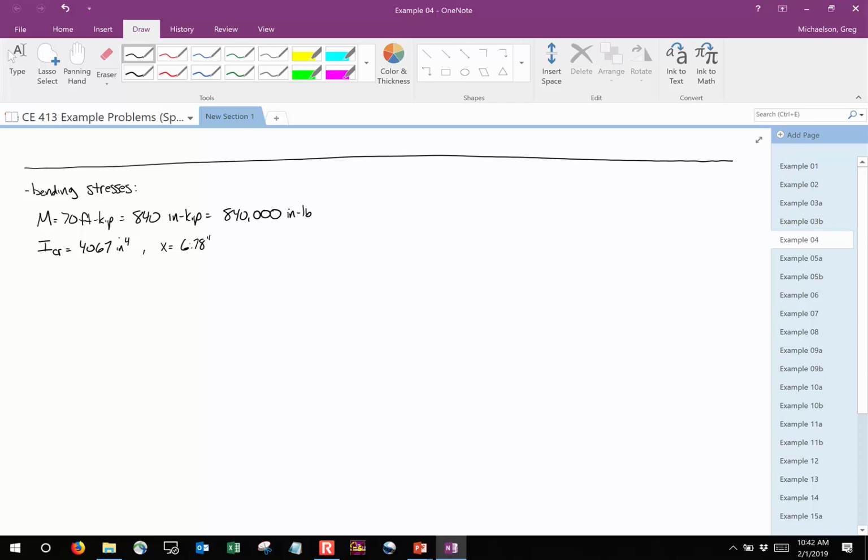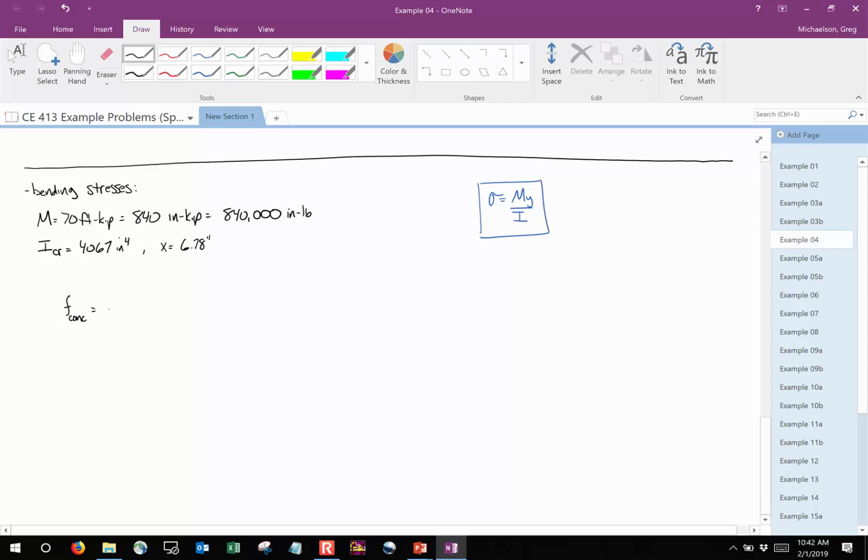Let's compute the stress in the concrete first. Now remember, all we're doing, this is just My over I. That's all this is. Okay, so let's take care of the stress in the concrete first.